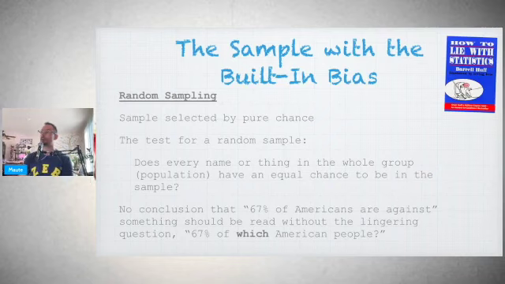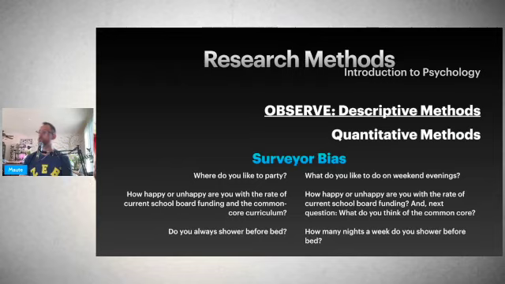So if you're reading something, 67% of Americans are against something, you should read that as, well, 67% of which Americans? Because if you just ask Americans from this part of America or another part of America, their opinions aren't going to be reflective of the whole country. So 67% of which American people think this thing, brother or sister or friend?